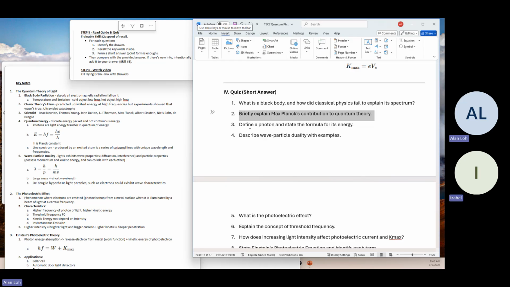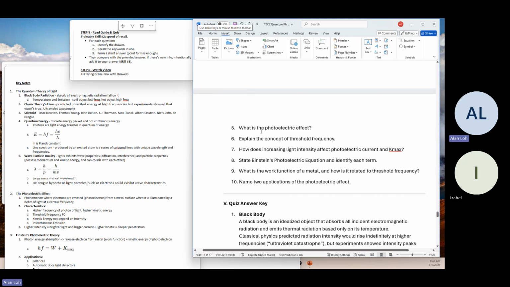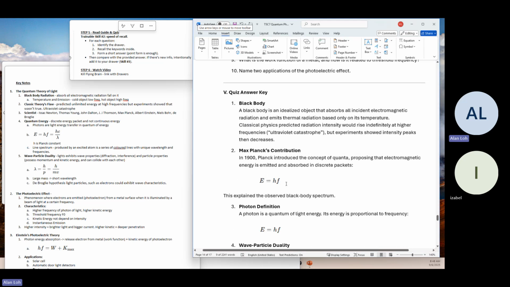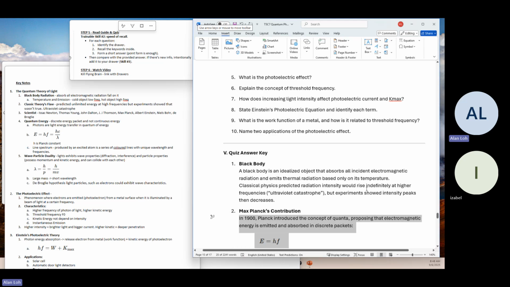Okay, all right, so let's compare the answer. Done? Okay. New information, new understanding, put it inside your drawer. Then we'll move on. Number 3, third question.